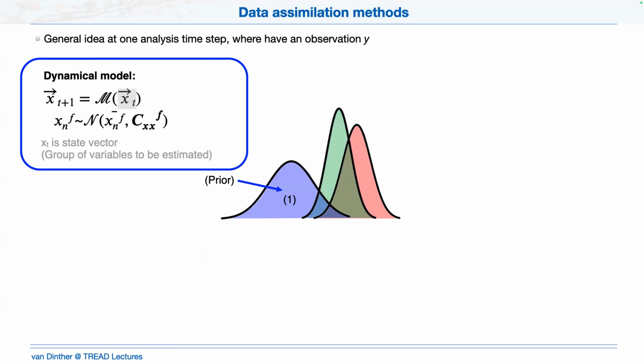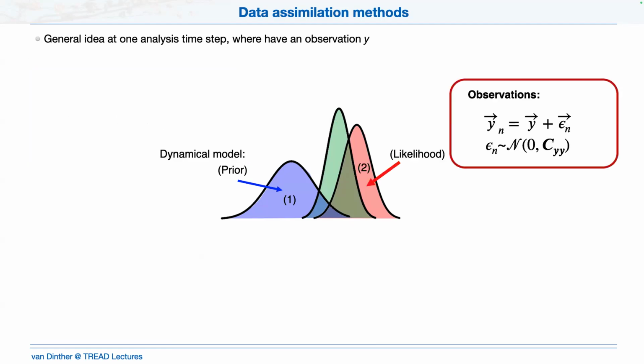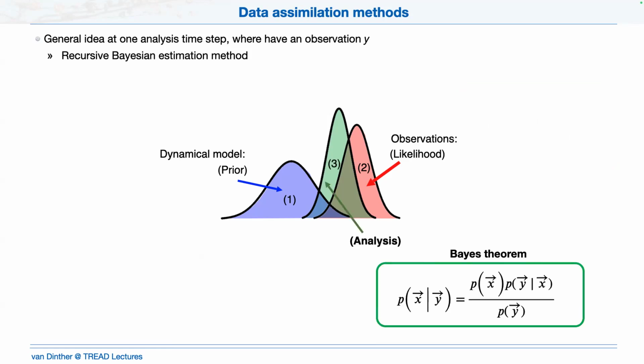So you're generating an ensemble of models that together gives you this prior probability density function in blue. And at the same time you have the observation y and a measurement error around it that indicates the width of the likelihood, or the probability density function here.